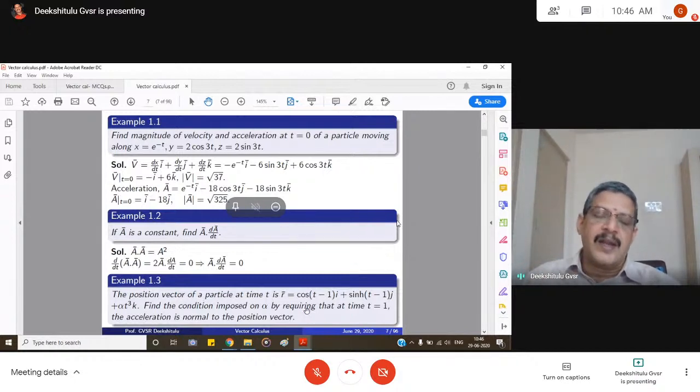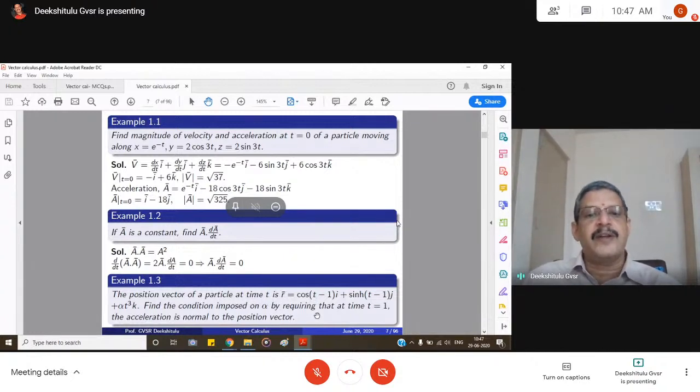See, in vector calculus, what I observed is I have gone through so many GATE question papers, and I'm giving some problems also from GATE in this presentation. Problems are directly formula substituted problems, or they are involving logic. In most of the problems, they are using concepts and logic. So be very careful. The position vector of a particle at time t is given. Find the condition to be imposed on alpha by requiring that at time t is equal to 1, the acceleration is normal to the position vector.